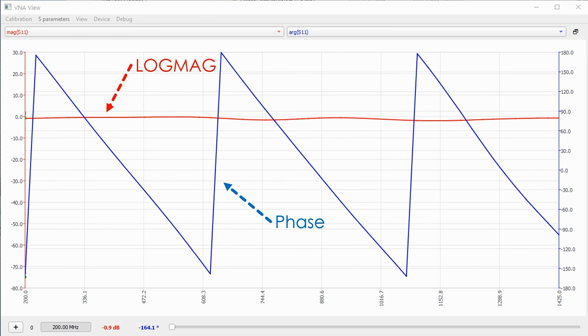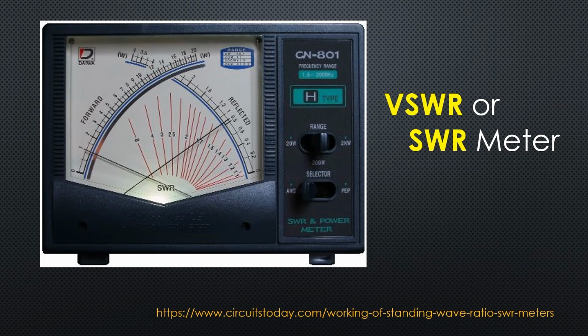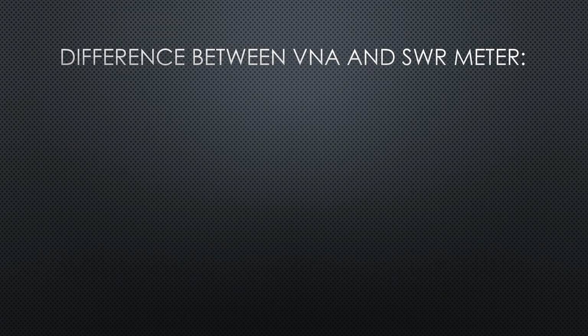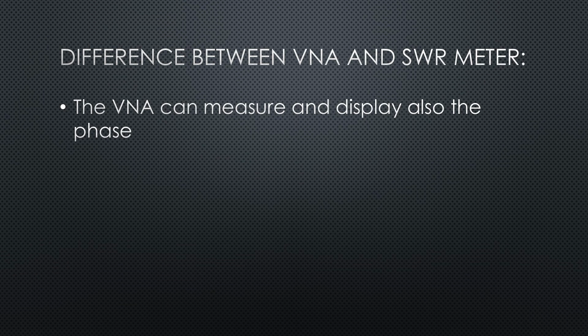As we saw before with the SWR meter, the higher the amplitude of the reflected power compared to the forward power, the worse the match. Logmag and SWR show the very same thing, just for a different community, as we will later see. The main differences between an SWR meter and a VNA are: the VNA can measure and display also the phase of the signal.